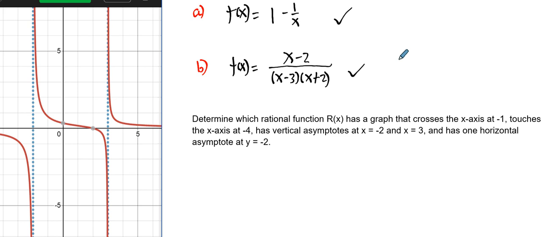The third question is that we need to find the rational function r of x. It crosses the x-axis at negative 1. So then you know you have x minus negative 1.